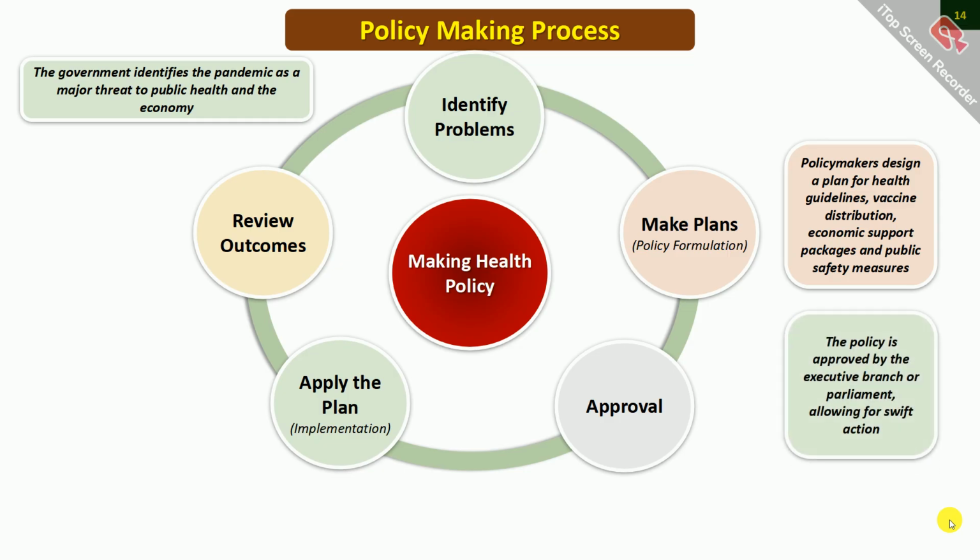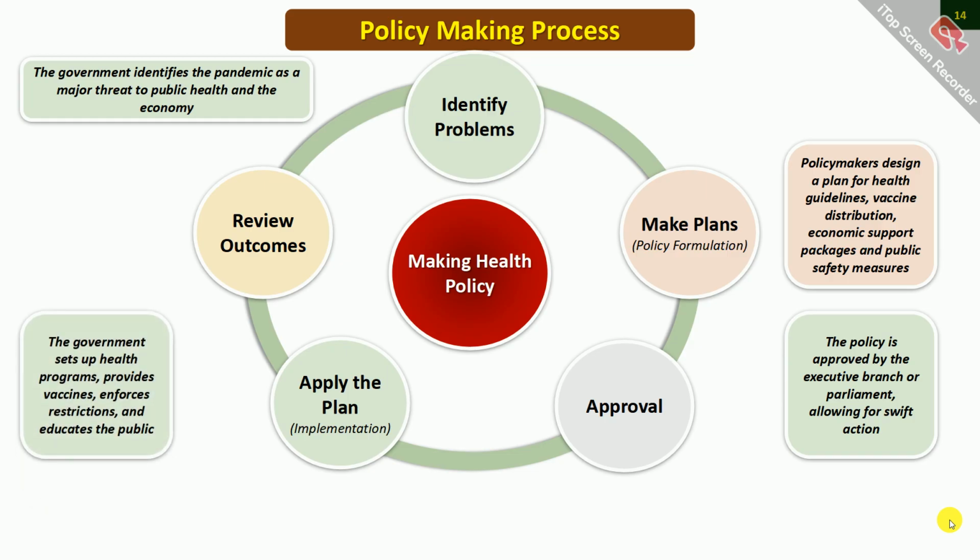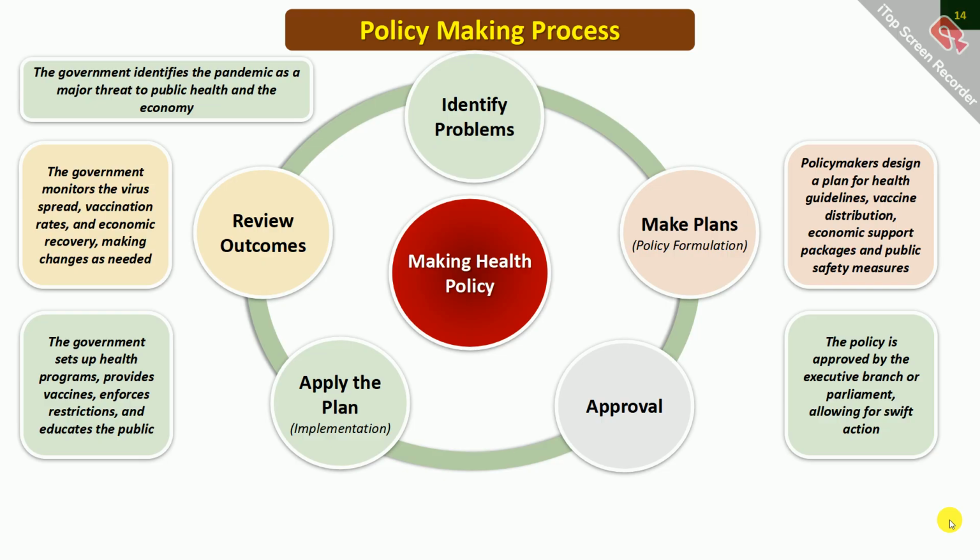Regarding approval, the policy is approved by the executive branch or parliament, allowing for swift action. As far as implementation of the policy is concerned, the government sets up health programs, provides vaccines, enforces restrictions and educates the public. Finally, the government monitors the virus spread, vaccination rates, and economic recovery, making changes as needed.